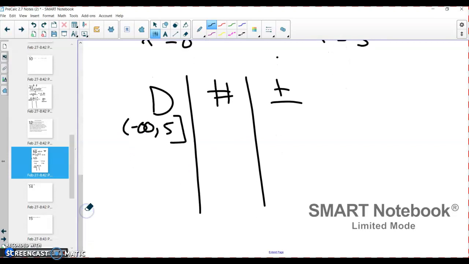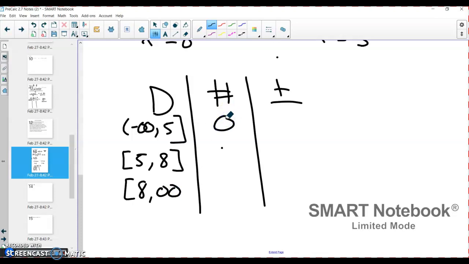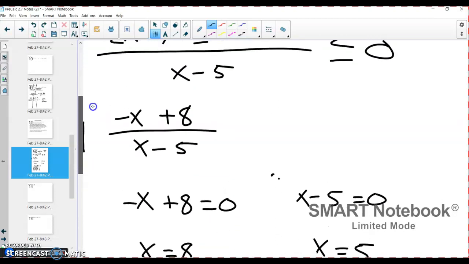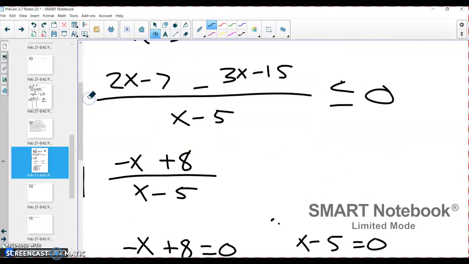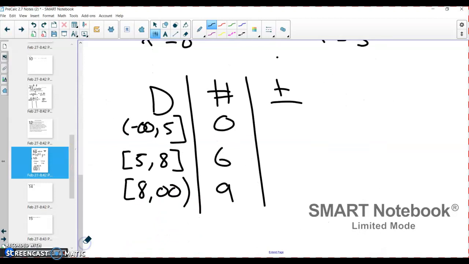The next interval would be bracket 5 to 8, and then the last one would be 8 to infinity, okay? The first test number you could use is 0, you could use 6 here, and then you could use 9 here, okay? You test them, and you'll see which ones come out positive, which ones come out negative, and we're looking for ones that are going to be negative because this is a less than or equal to, okay?